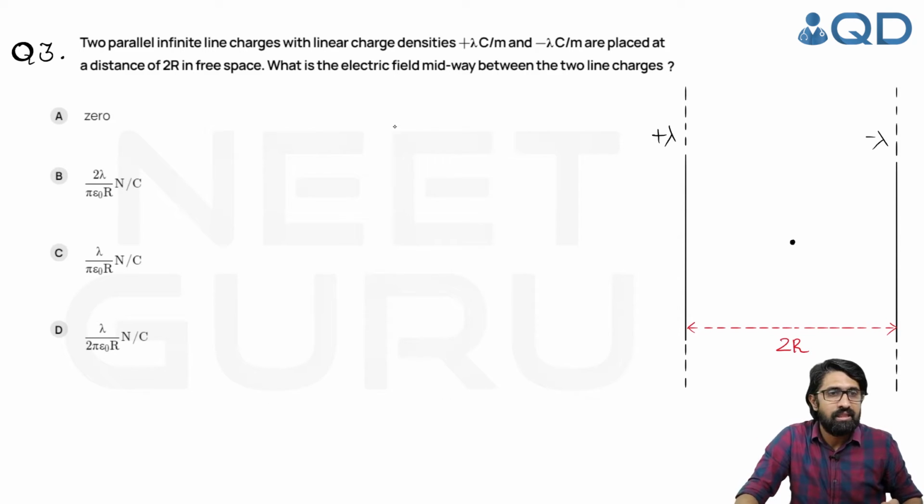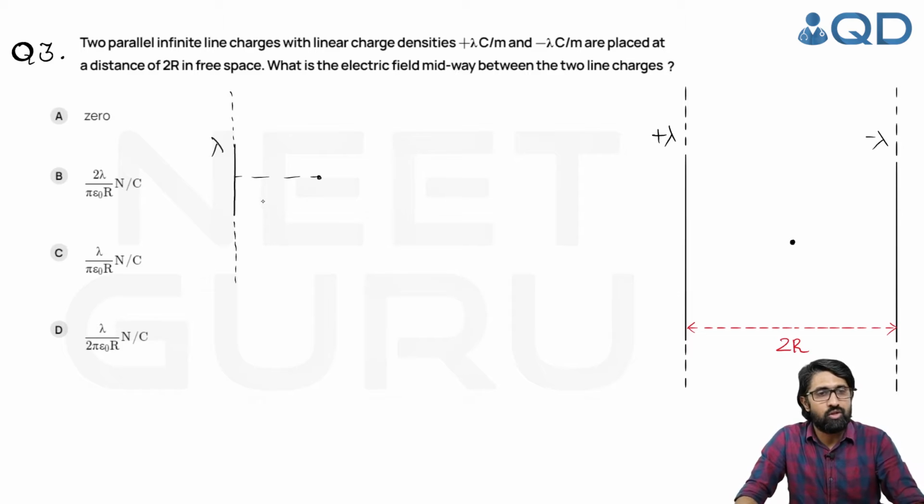Now, you know that if you have a uniform linear charge distribution of linear charge density lambda, the electric field at a separation r from it is given by E equals lambda by 2 pi epsilon naught r.